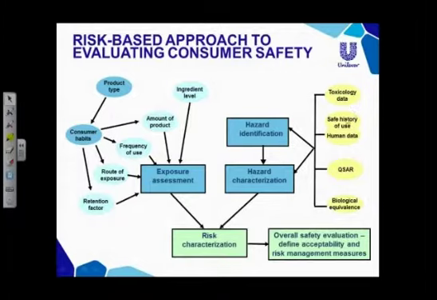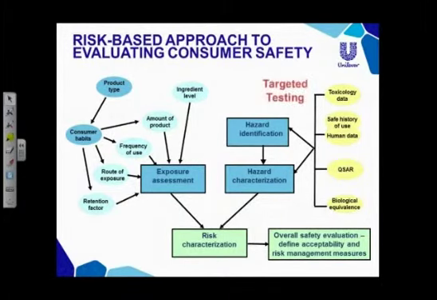Maybe it's something that already has a safe history of use, a botanical that's going to go into a shampoo, but it's an extract of a peach or an apple or whatever it might be. So is there information that we can use there? Is there human data? Can we use QSARs to make decisions? I won't say anything about that because my colleagues will. But can we bring all this together and make that decision around the risk characterization?